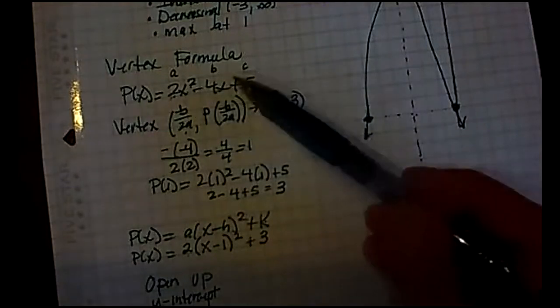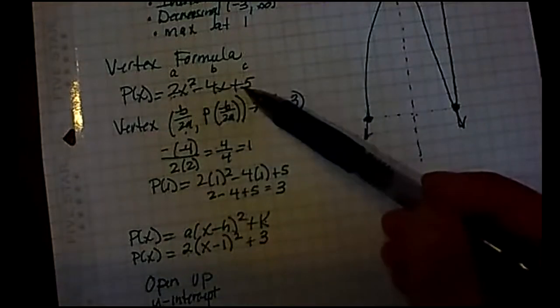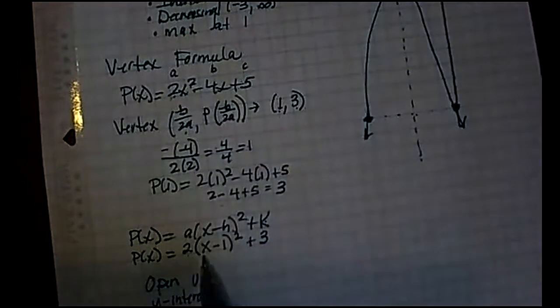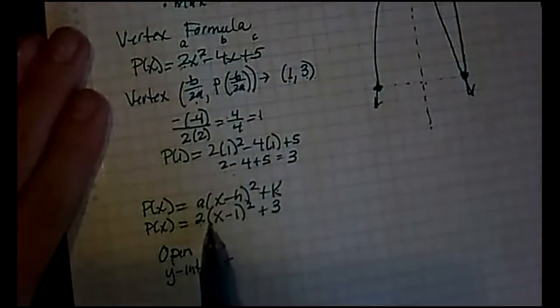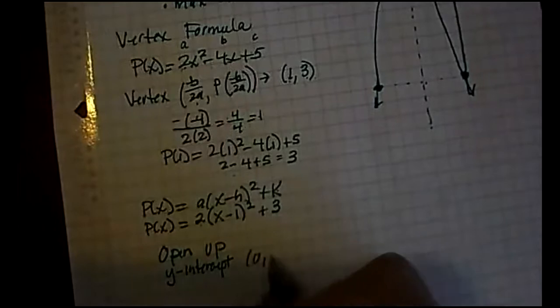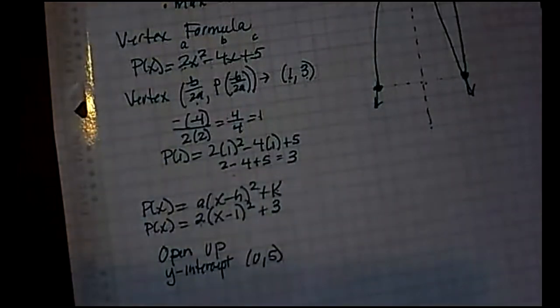So it's always going to be whatever this constant is. But I don't want you to get confused with saying, oh, it's just the constant, because it's not. If it's in this factored form, I'd have to put in a 0 right here, which would be a -1 squared times 2 plus 3, which would give me 5. So if you have the standard form, it's a lot easier. But if you don't, just put it in for x right here. So write it as an ordered pair, (0, 5).